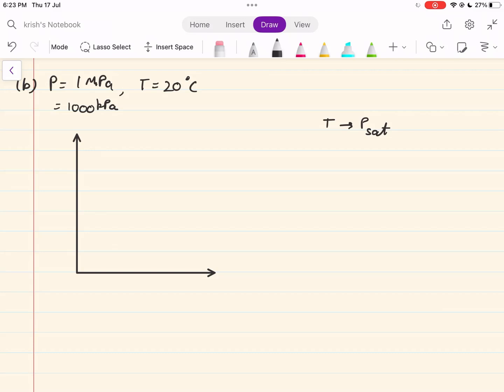So what should we use is the question. Yeah, we will be using a TV diagram, as this is a constant pressure line. Oh no, we should use a PV diagram because we know the pressure to be constant. Sorry, we know the temperature value from the table.